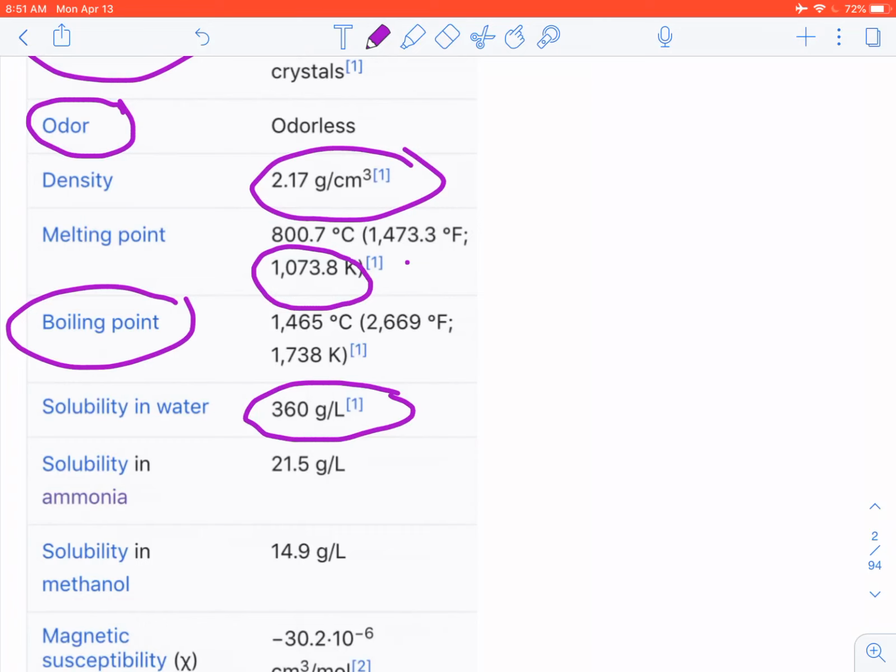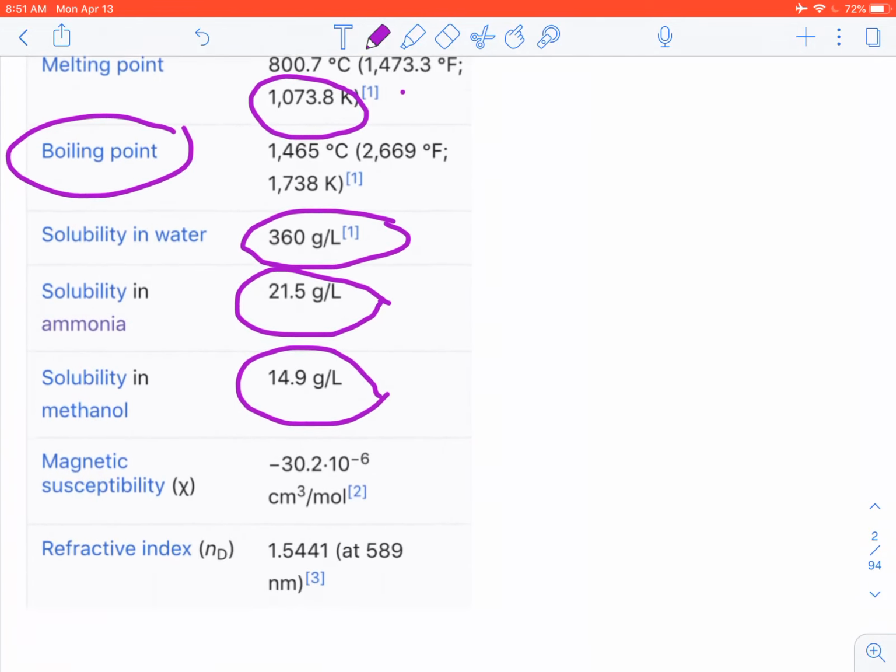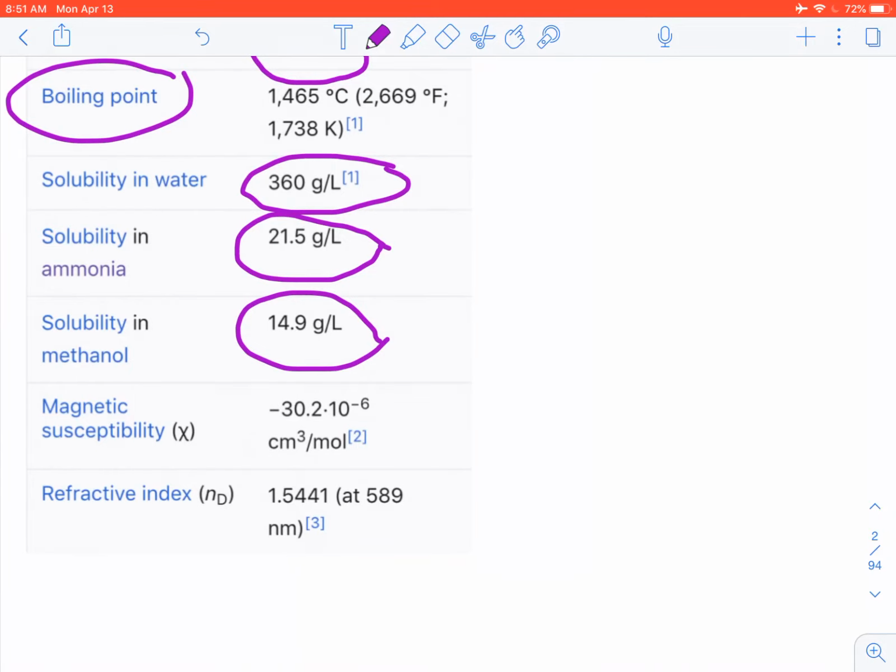Solubility in ammonia, it also gives you a property there, which is 21.5 grams. And it is also soluble in methanol. Right, and then we have the refractive index. Refractive index is a concept we'll be doing in grade 11.